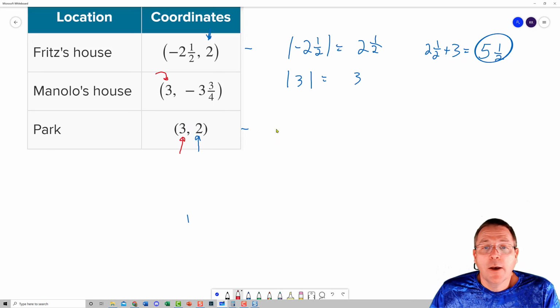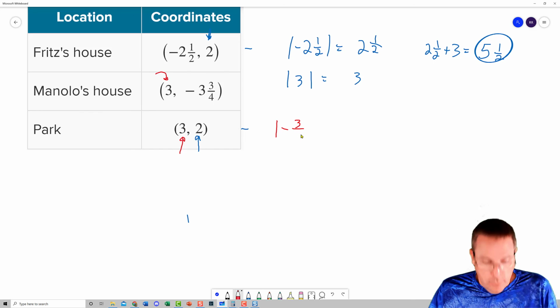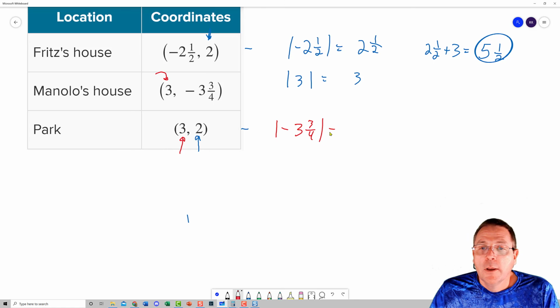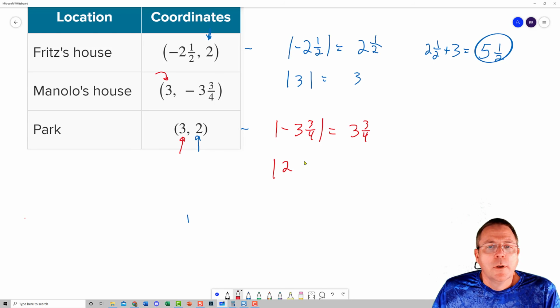That tells me I'm dealing with different quadrants, and once again, since I'm dealing with different quadrants, I have to add the absolute values. So for Manolo, the absolute value of negative 3 3/4 is going to be a positive 3 3/4. And the absolute value of 2, well, that's going to end up being 2.